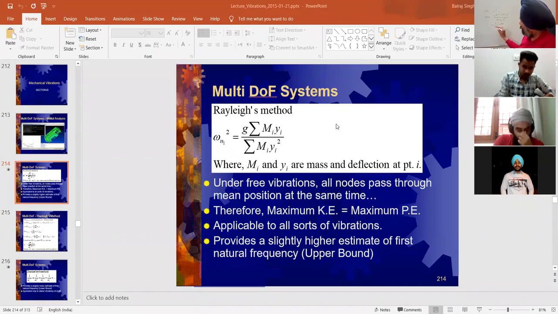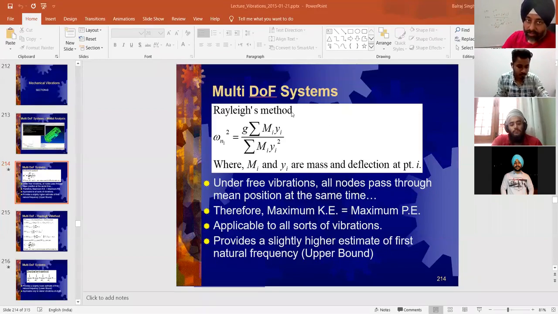This M cancels with M, this L square cancels with L square, and what we are left with is T to the power minus 2, which is the same as we had on the left hand side. So that is why we went through the dimensional analysis recap earlier. This Rayleigh's expression qualifies as far as the dimensional accuracy is concerned.